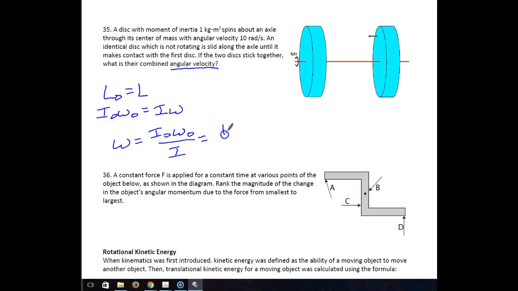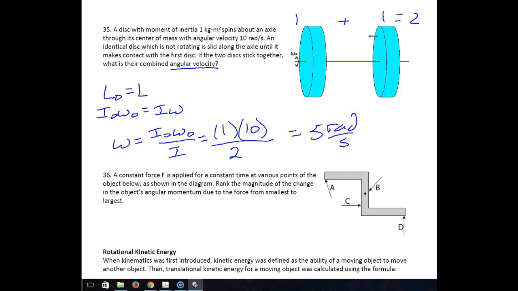This is equal to 1 kilogram meter squared times our original speed of 10, over our final moment of inertia, which is going to be 2 kilogram meter squared. We just added them, since this one was 1 and this one is 1, 1 plus 1 is 2. So now we just take 10 divided by 2, and we get 5 radians per second.